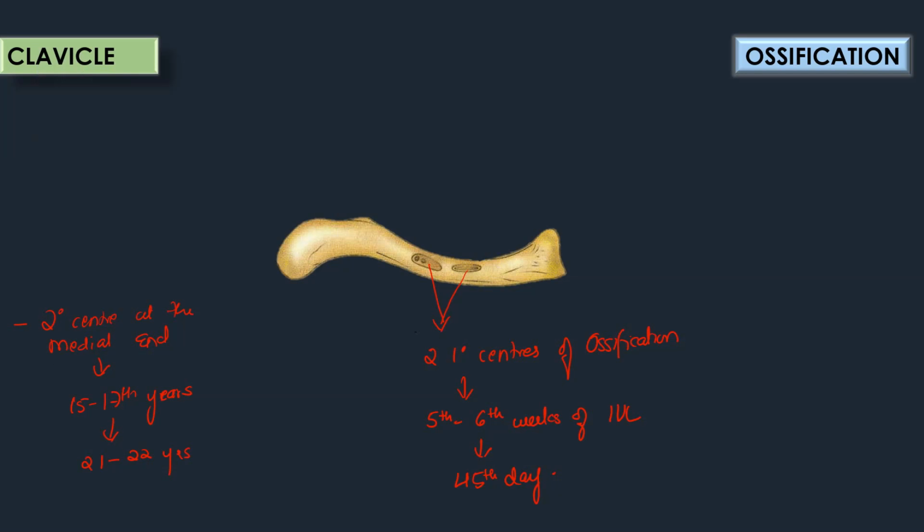So most of you, if you are between the age of 15 to 20 years, you're probably having a secondary center of ossification that's going on. Occasionally, there is a secondary center at the lateral end, that is the acromial end.